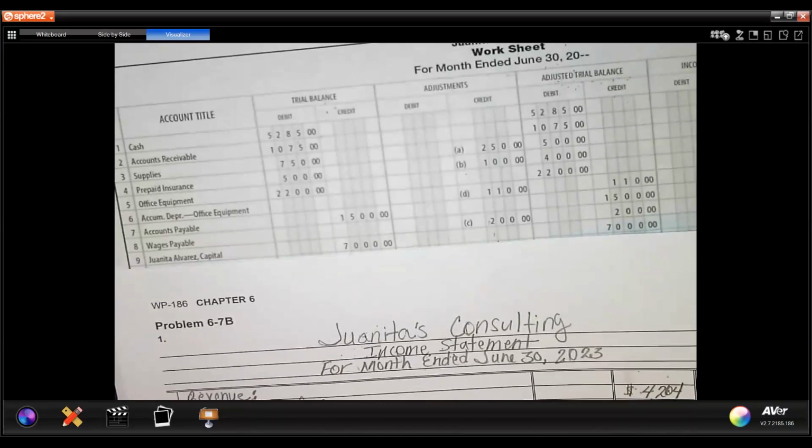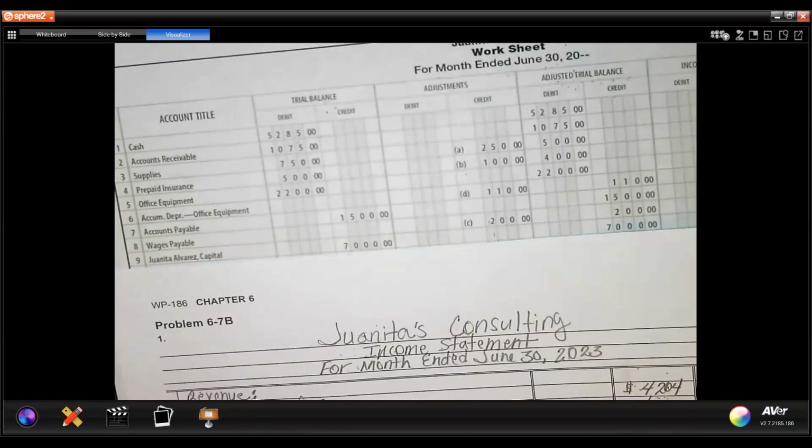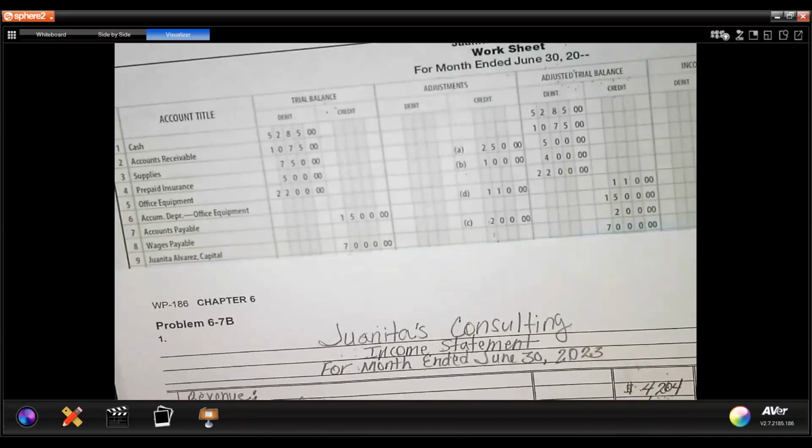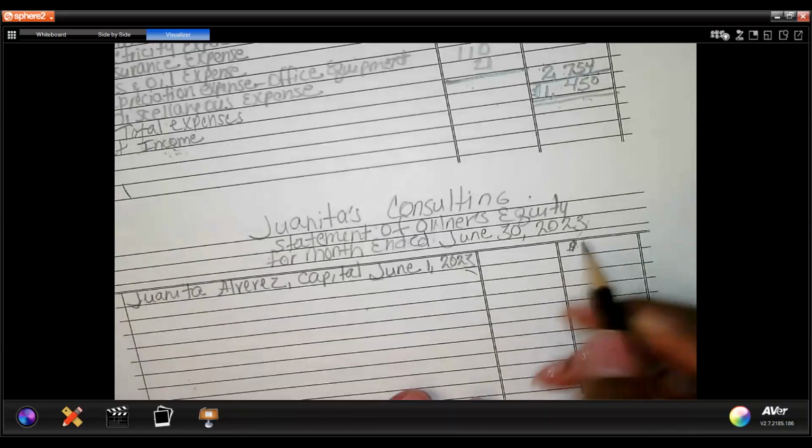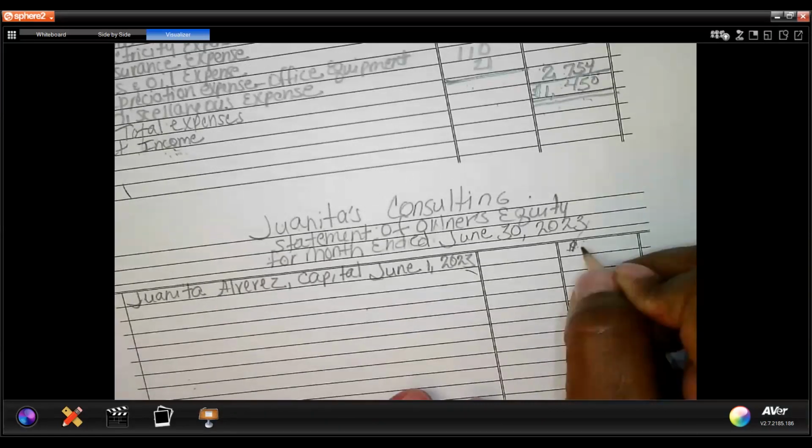That's what's showing on her capital account. So because this is the capital account, the statement of owner's equity will show her original investment, and we're going to record $7,000.